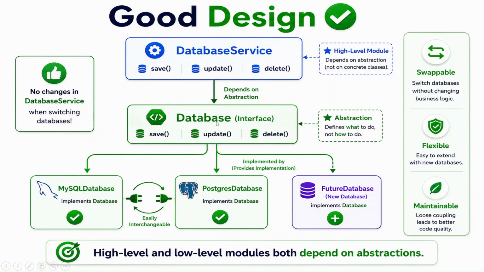Then we will create one more thing, which is an interface. Let's call it database interface, and it has three methods. Whatever operation we want to perform, in our case, we want to perform three operations in the database: save, update, and delete. So this interface has three methods: save, update, and delete.